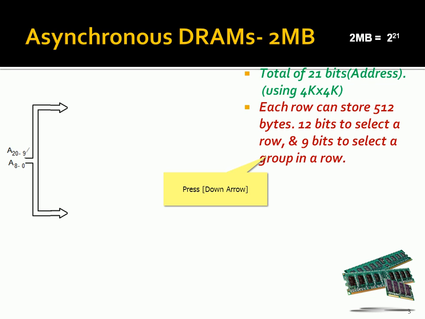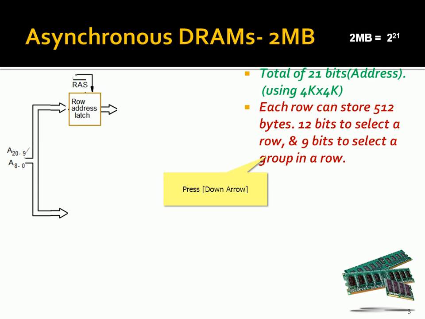Those 21 address lines are split into a row address and a column address. Since this is a dynamic random access memory, we use a row address strobe and a column address strobe.